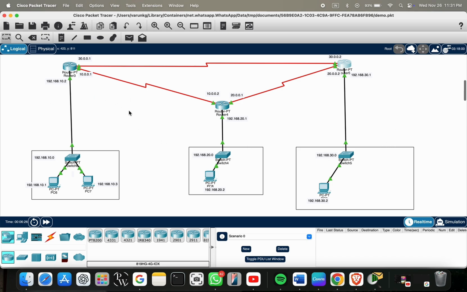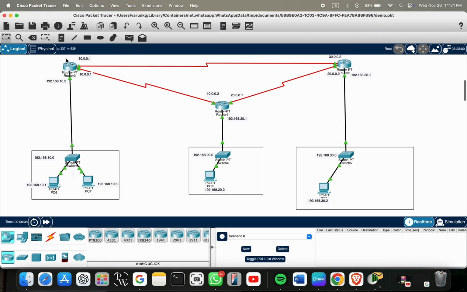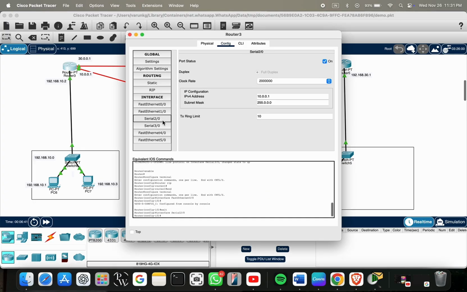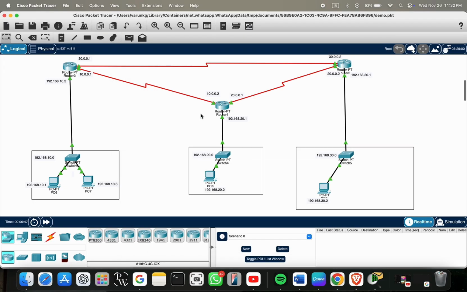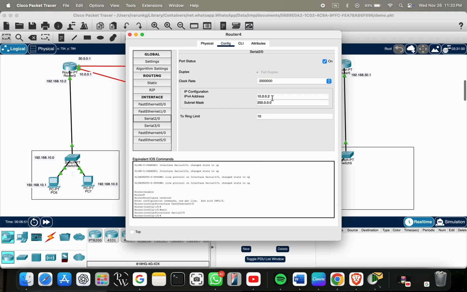And this is connected serially to the other 3 routers. The first router is connected two ways. First, router 1 to router 2, whose port is 10.0.0.1 serially, serial 2/0, as you can see here, 10.0.0.1 for router 1, and for router 2 it is 10.0.0.2.